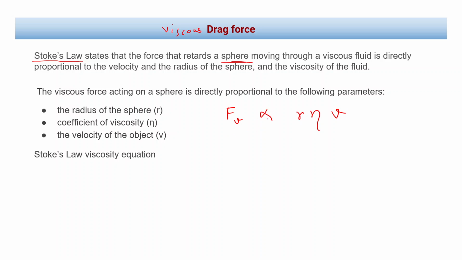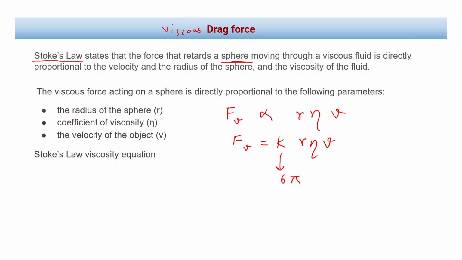If I replace this proportionality sign with an equal sign, then I need to put some constant value here, right? After doing experiments, it has been found that for a spherical body the value of k is 6 pi.